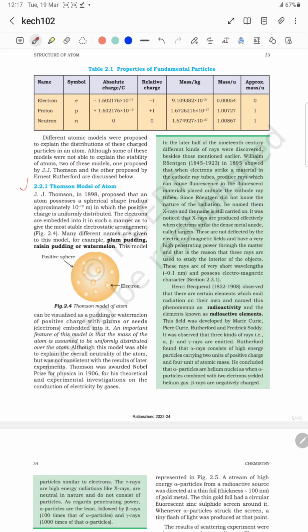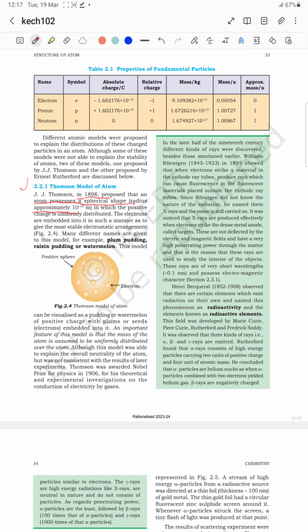J.J. Thomson in 1898 proposed that an atom possesses a spherical shape, a radius approximately 10⁻¹⁰ meter, in which the positive charge is uniformly distributed. The electrons are embedded into it in such a manner as to give the most stable electrostatic arrangement.